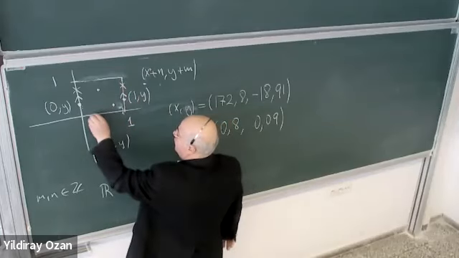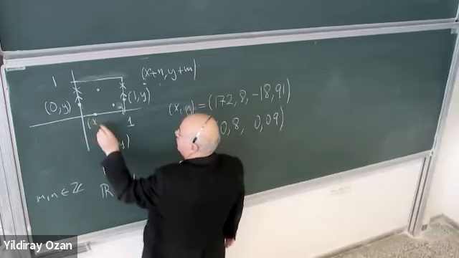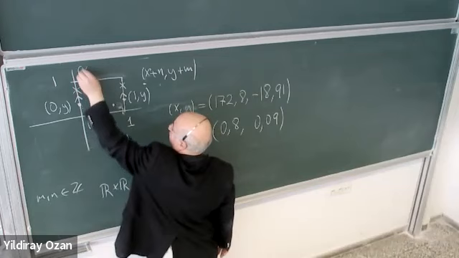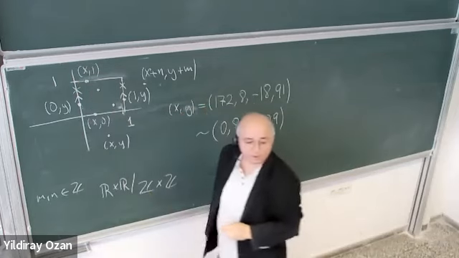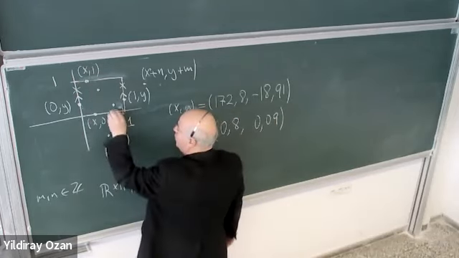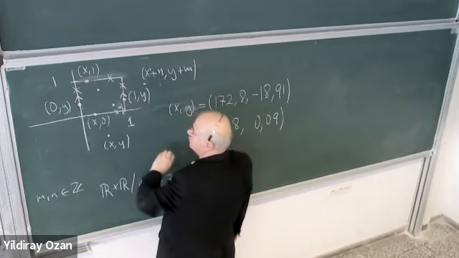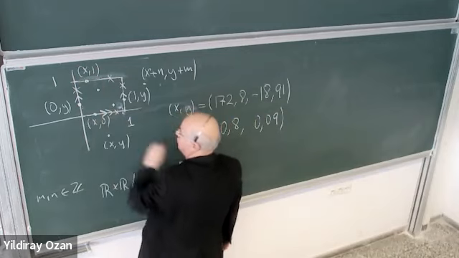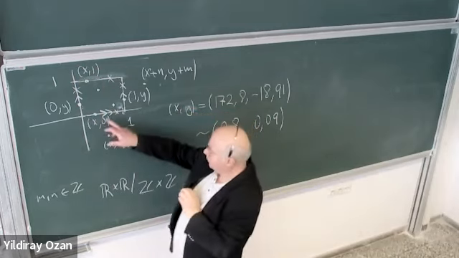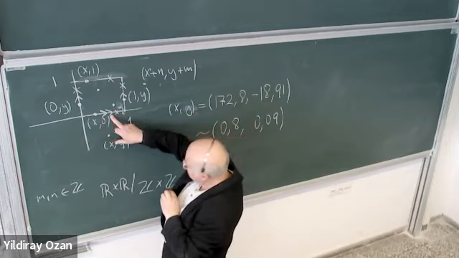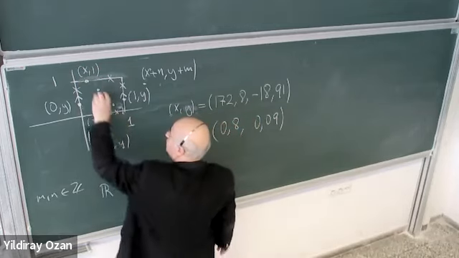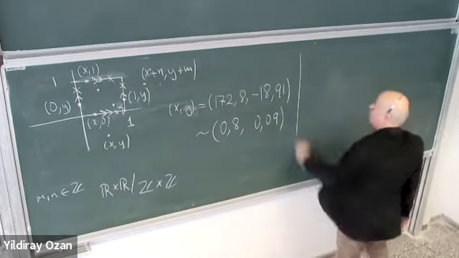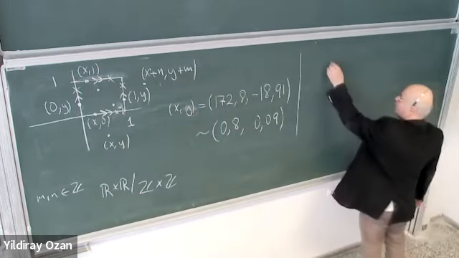Further, if you have any point here, let's say x, 0, this point will be identified with this one, x, 1. And again, this point will be identified with this one. Therefore, you have to identify this edge, let me draw it like this so that you know this is different than this one, with this one. So let me draw that picture again here.